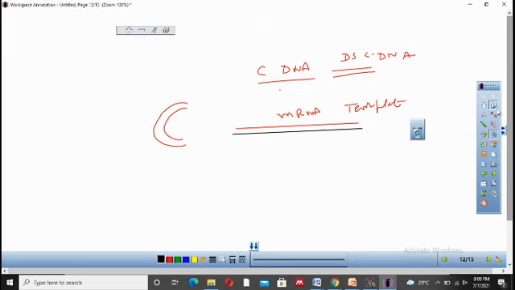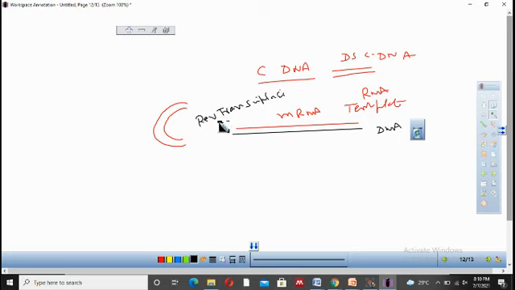This is the RNA, and this is the DNA. This is possible due to the enzyme called reverse transcriptase.